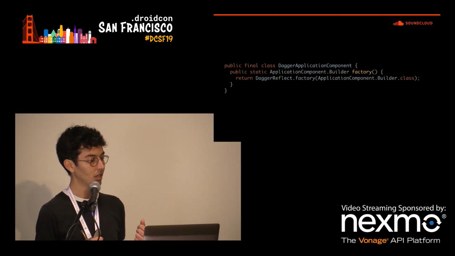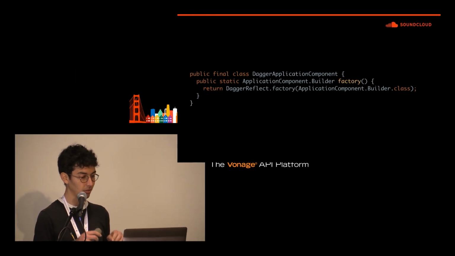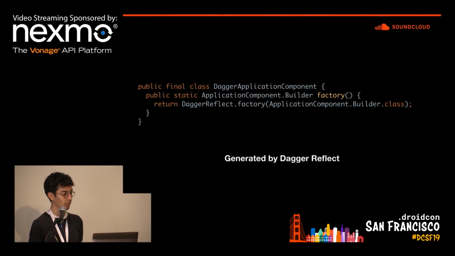This is your Dagger application component generated by Dagger Reflect. As you can see, you have this factory method in it, which is the same method that's on the public interface of your Dagger application component. This was the method that was annotated with @Factory earlier. And you can see this calls directly into the Dagger Reflect runtime.